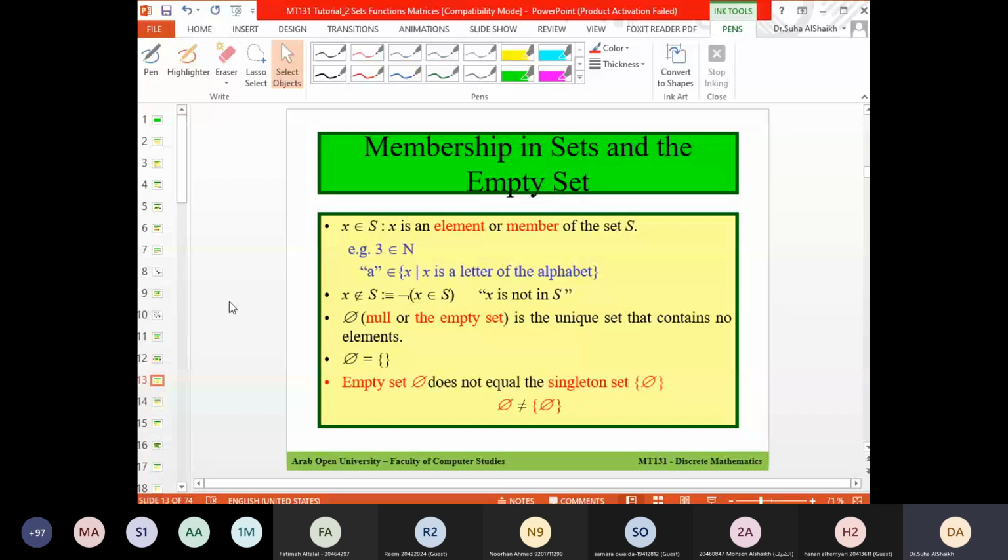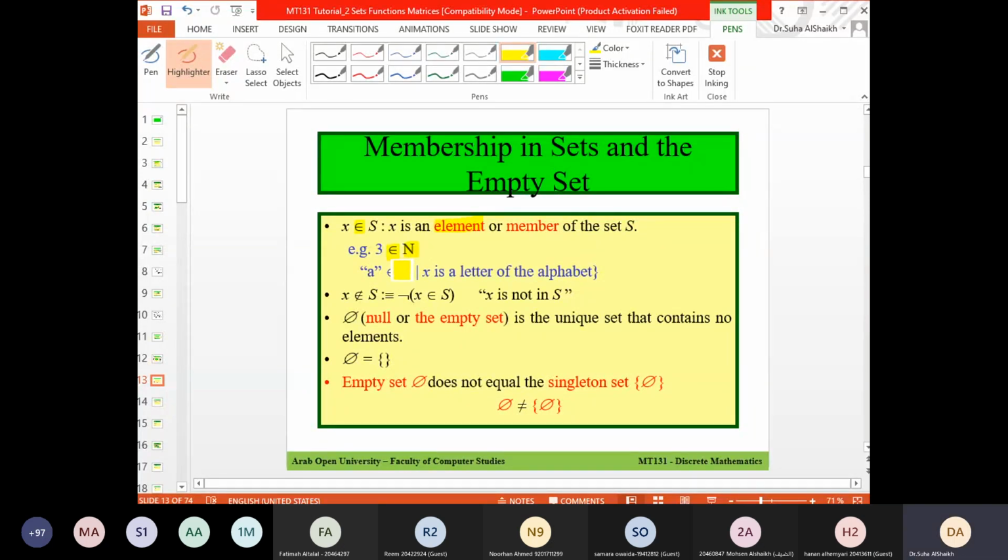So, the membership in a set and the empty set. If we have X belongs to S, we mentioned this already. X is the element or the member of S, and we read it as belongs to. If we say 3 belongs to N, what is N? We agreed that N means natural numbers, right?